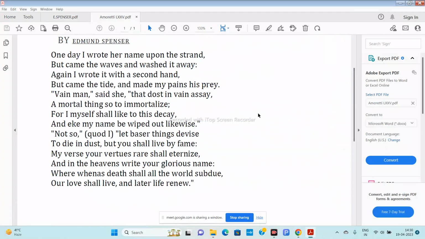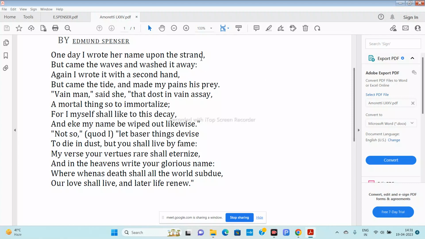Now here, of course, I will talk about this rhyme scheme which Spenser had adopted, and for that reason it has been called the Spenserian stanza. Now, how to make out the rhyme scheme? You have to look at the last words of each line.